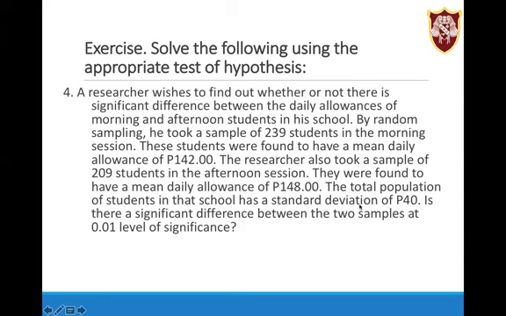So that means the standard deviation is based on the population. So this one is a parameter. We are comparing two samples, but the standard deviation is from the population. Therefore, we have to apply z-test, okay? And the level of significance is given at 0.01.